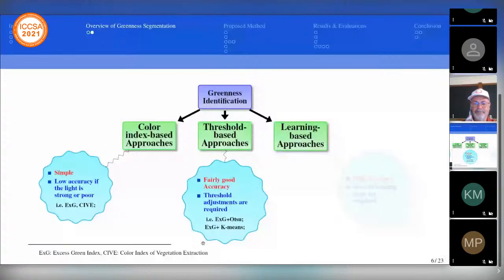It gives fairly good segmentation accuracy, but threshold adjustments are required. The last family, the learning-based approach, which is of course based on deep learning, gives a high accuracy, but needs several training steps and big data sets.